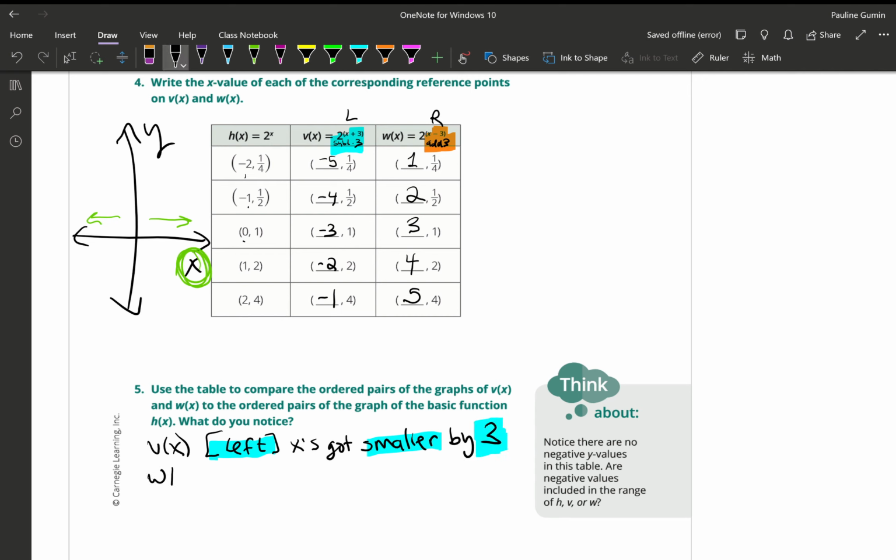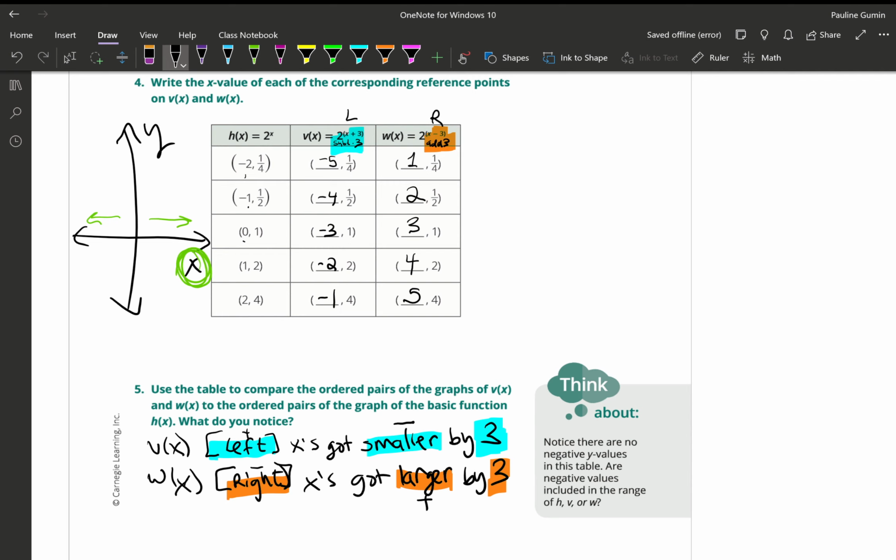W of x, which was to the right, our x's got larger by 3. And it's opposite. It's so opposite. Because for the left, even though it looks like there's a plus and right looks like there's a minus, we're subtracting for left and adding for right.